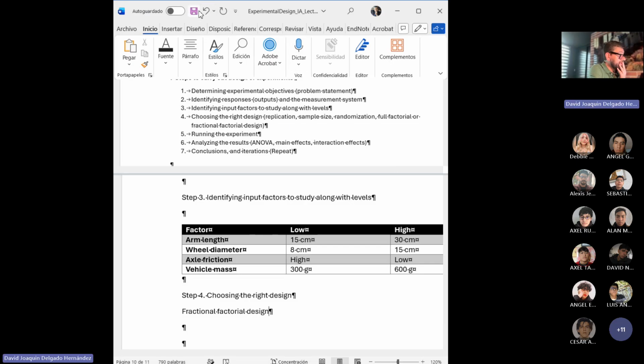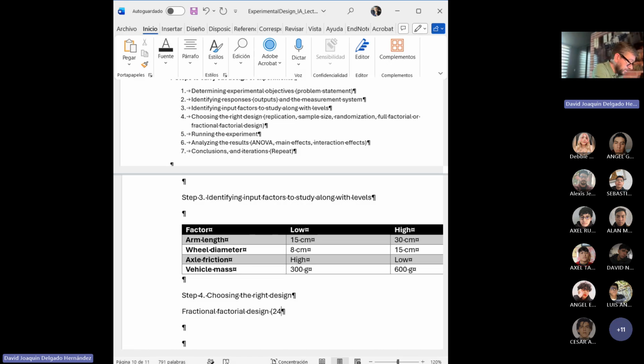Okay, so what does that mean in practice? In practice, that means that instead of running a lot of runs, let's say here you will have 2 to the 4th power.